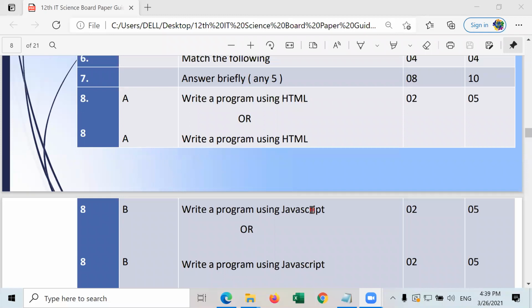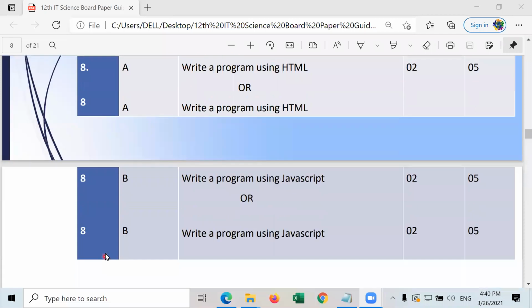Now, which programs can they ask? They can ask you to write any HTML or JavaScript program which is given in the textbook. It is not that they will ask you to type a program which is there in your IT practical handbook. They can ask you to write any program from your textbook. So for question number 8, you have to study the entire textbook.